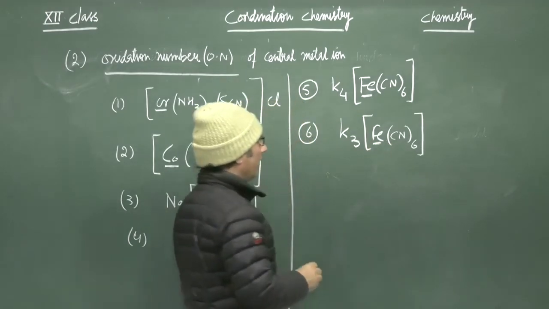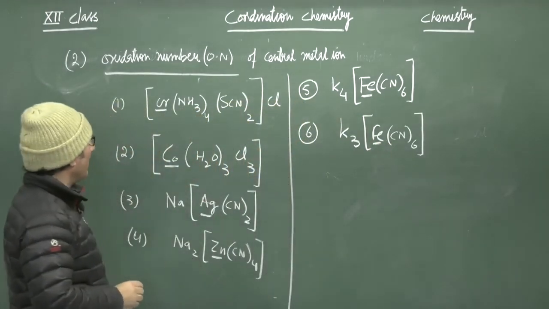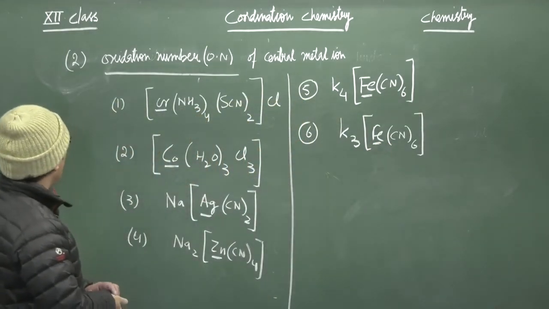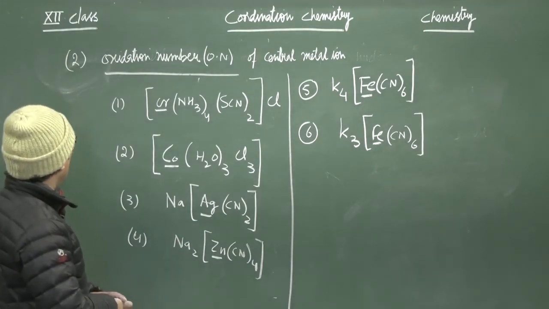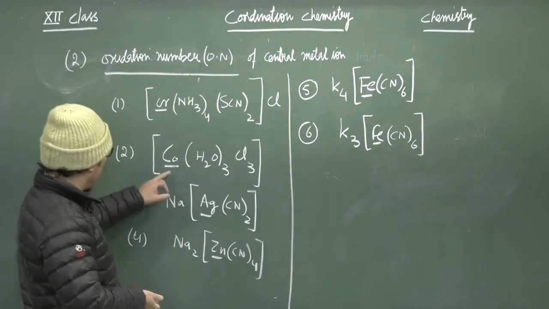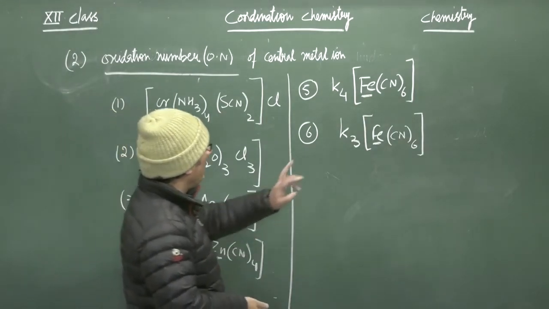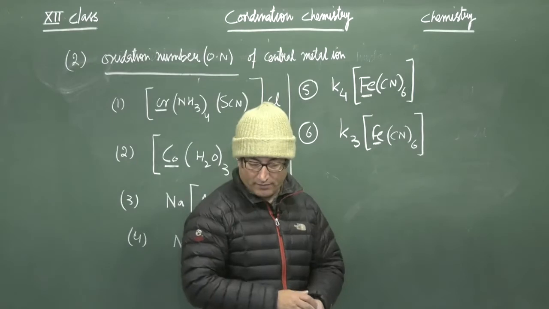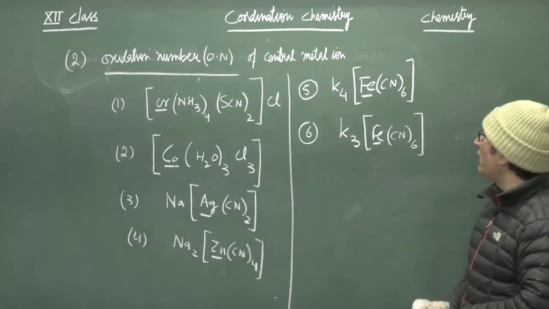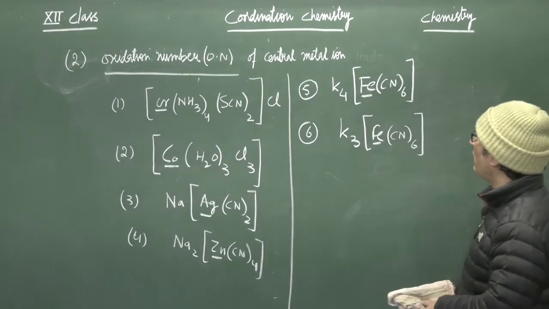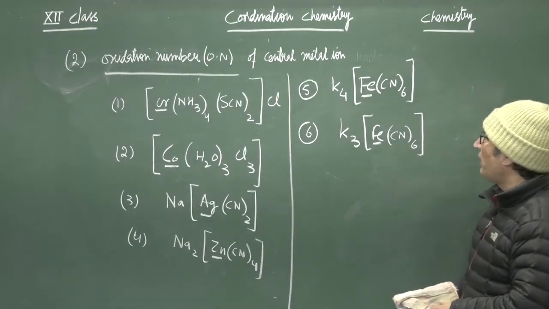Central metal ion, that is copper. So these are some coordination entities, coordination compounds, where I'm asking you to calculate the oxidation number of the central metal ion, which I have underlined here. So that was the second term, that is the oxidation number, and the method of calculating the oxidation number of central metal ion.